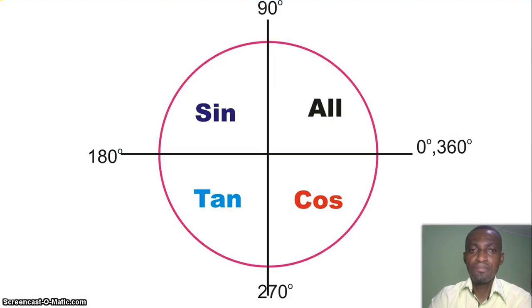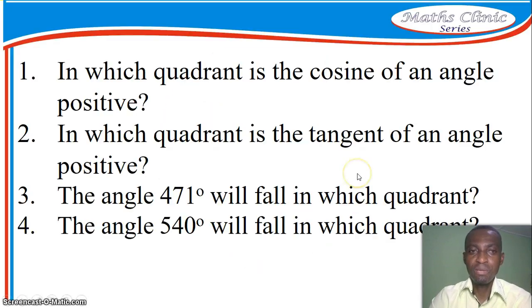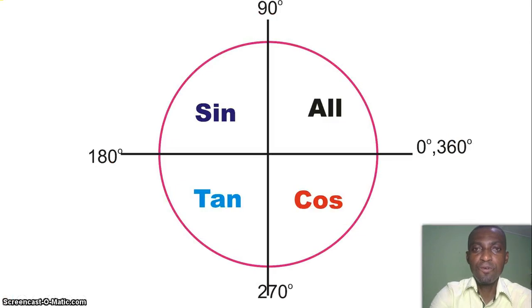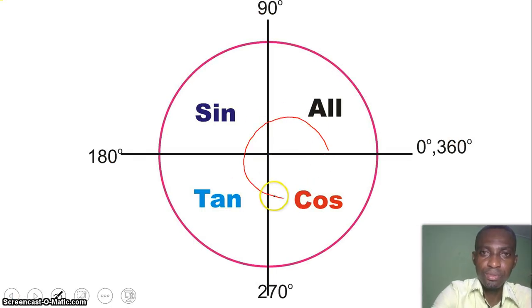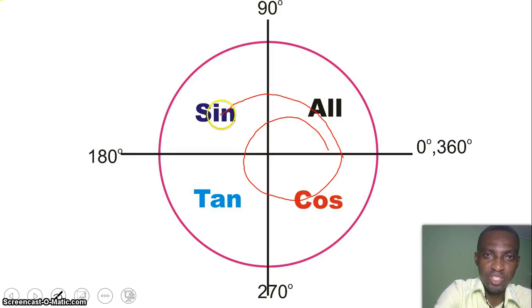So if we are talking about 471, we start from 0 up to 360, then we go one revolution, then we continue again. We need 101 to add up to give us 471, so we continue again, we hit 90, we hit this one, so 471 will be in this quadrant.